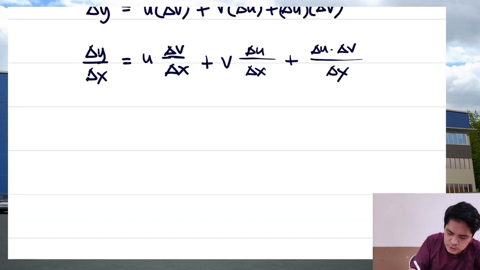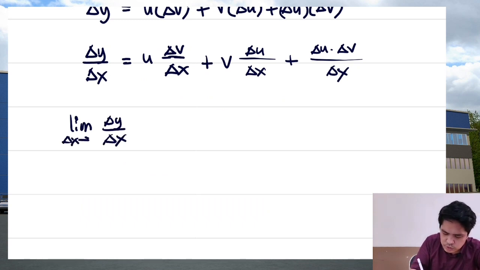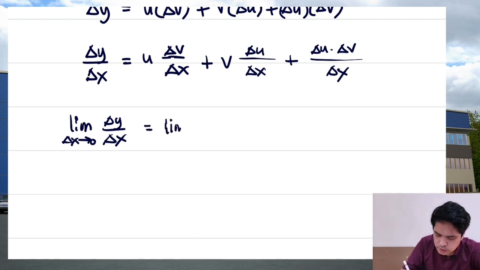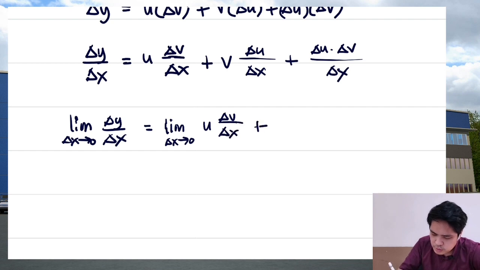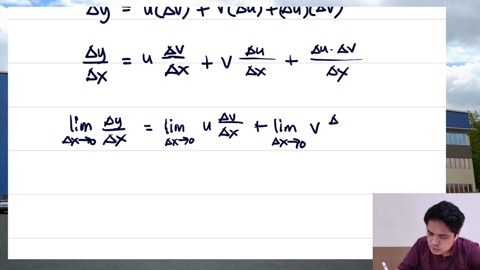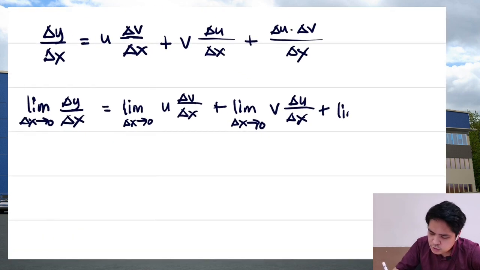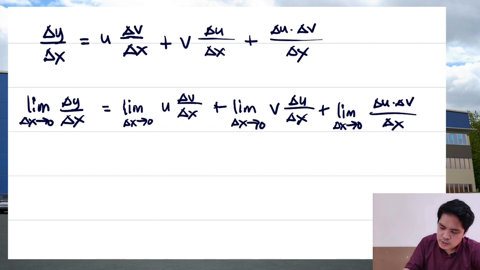Now, if we take the limit of both sides, limit of delta y over delta x as delta x approaches 0, that would be equal to the limit as delta x approaches 0 of u times delta v over delta x plus the limit as delta x approaches 0 of v times delta u over delta x plus, of course, the limit of the third term as delta x approaches 0 of delta u times delta v over delta x.